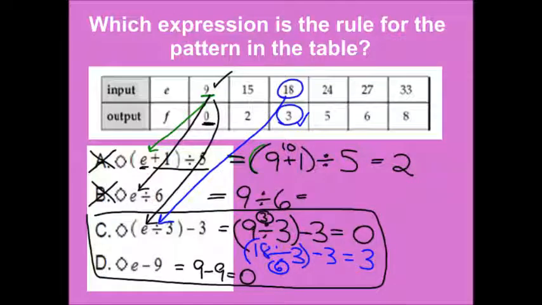But let's see if it works for D. If I put 18 where E is, I have 18 minus 9, which gets 9. That is not what I'm looking for. So I know D is not my answer. I have just found out that the correct rule for this expression is E divided by 3 minus 3. I would select that one for my answer. This is easy peasy, lemon squeezy.